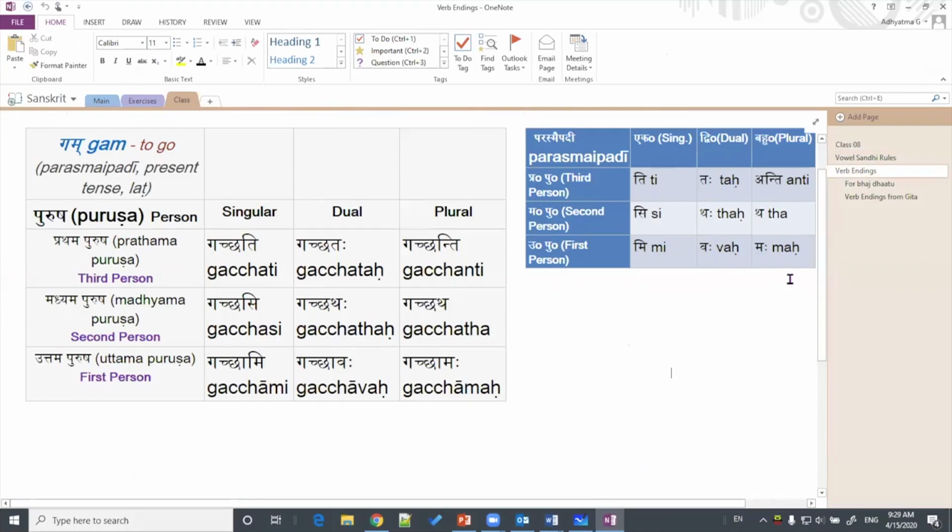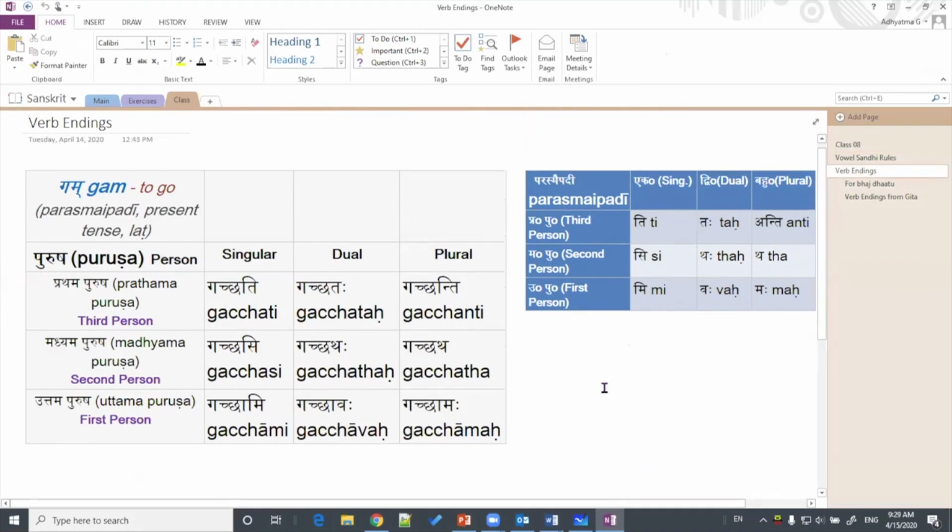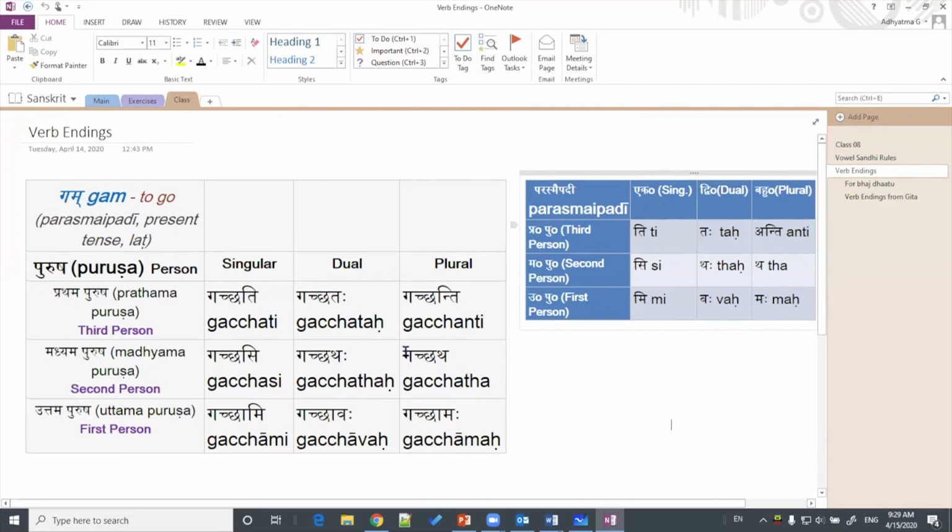So these are our endings. You see ti, taha, anti, and this is an example. Gachati, gachatah, gachanti. We all are very familiar with this example. The root is gam, meaning to go.